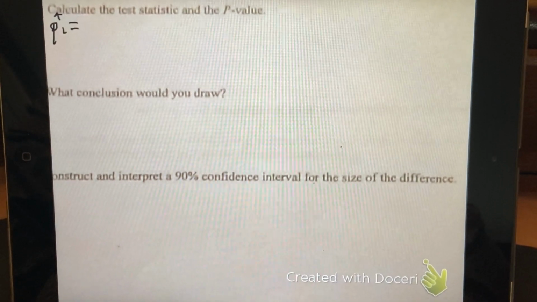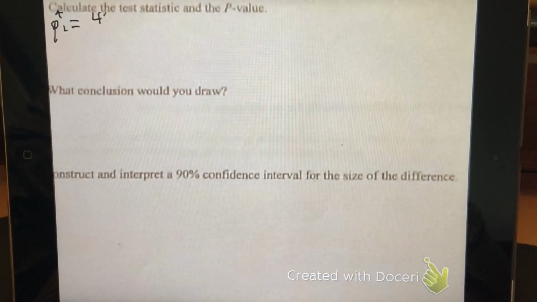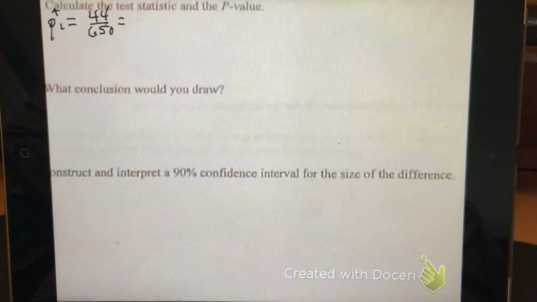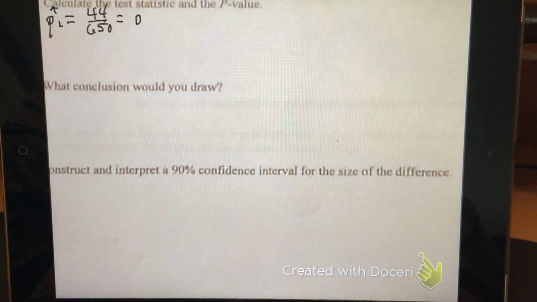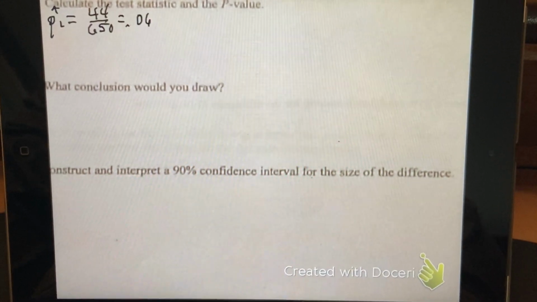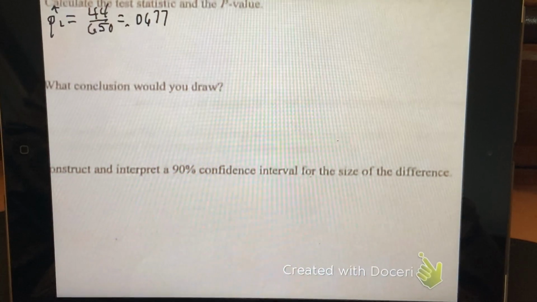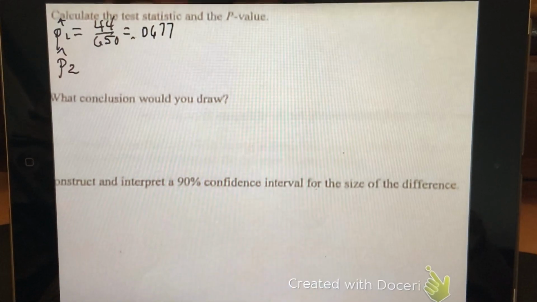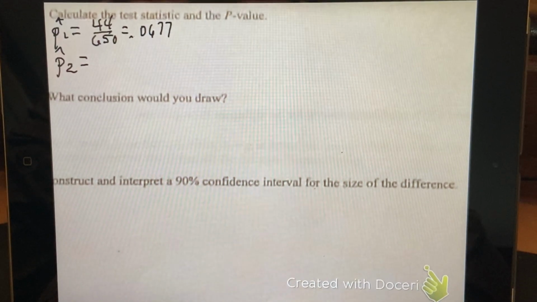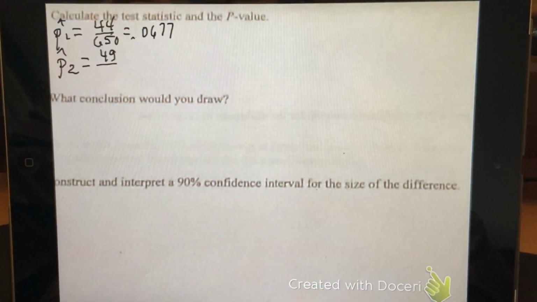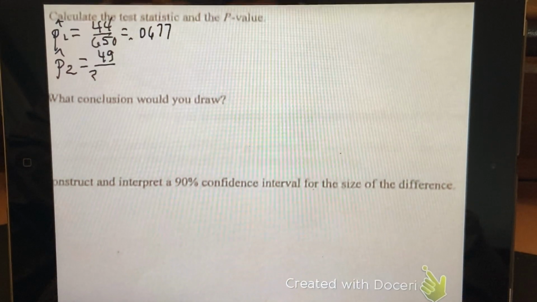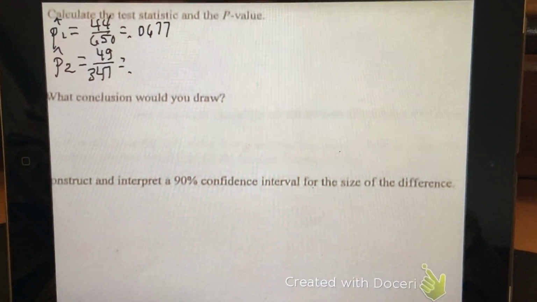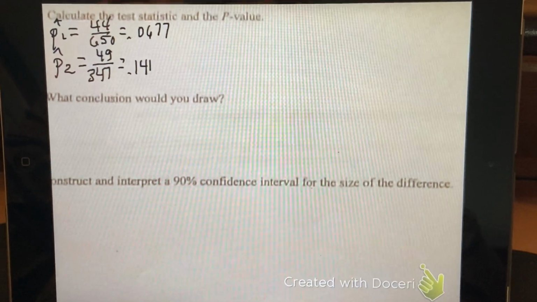So 44 out of the 650 people had adverse symptoms, which gives me 0.0677. And then I want to do the ibuprofen group. There were 49 out of 347, and that was 0.1412.